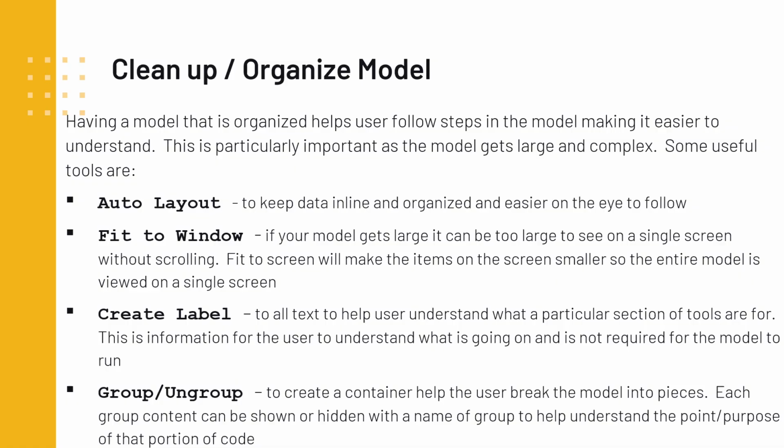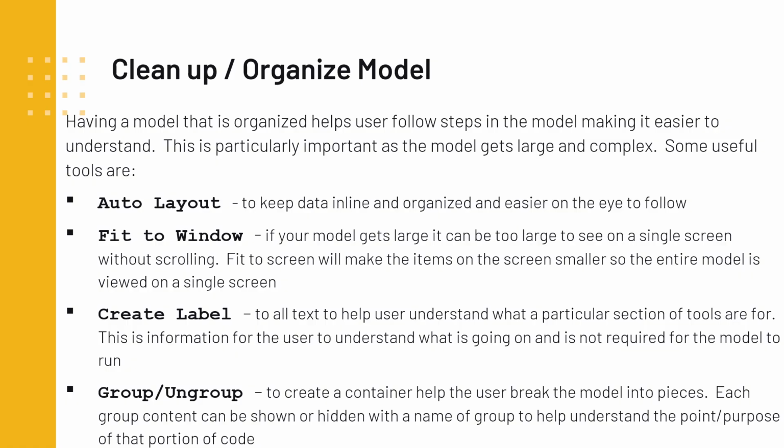There's also a create label option. This is to allow extra text to go into your model space. Often people will use this to create a label for a section of their model to help explain what's going on there.